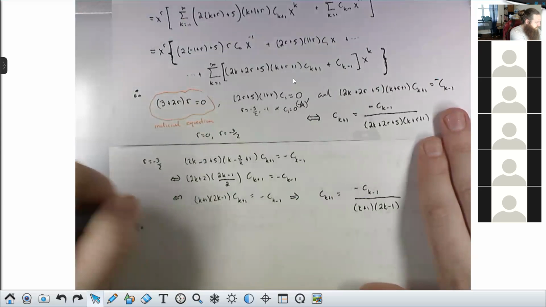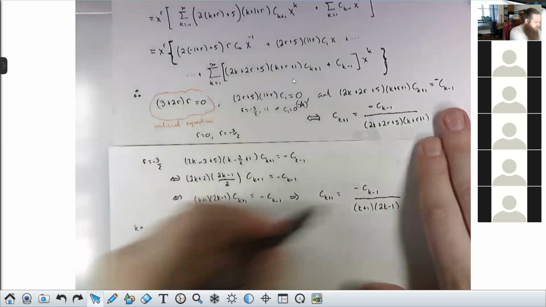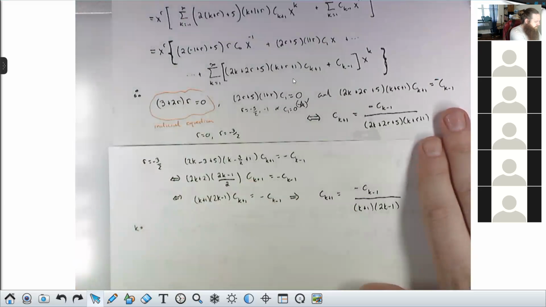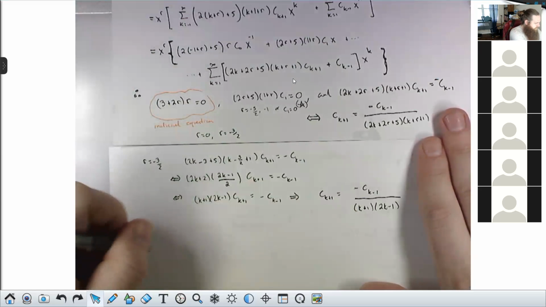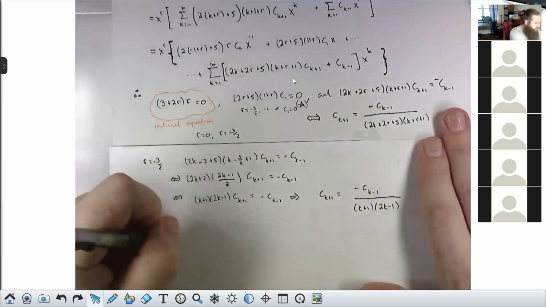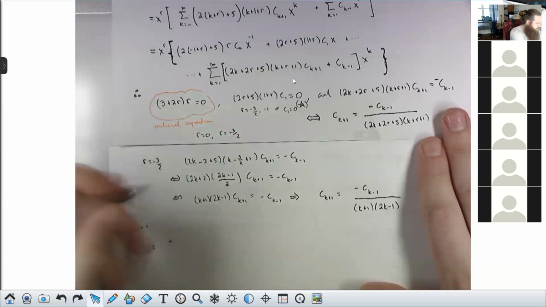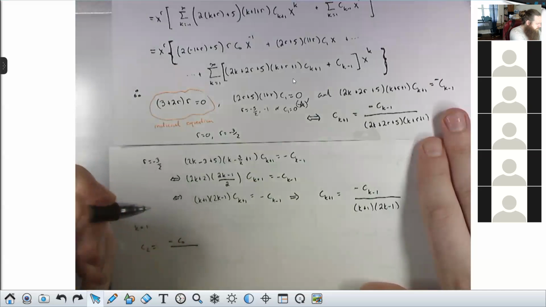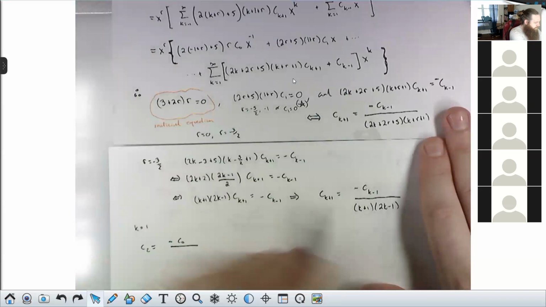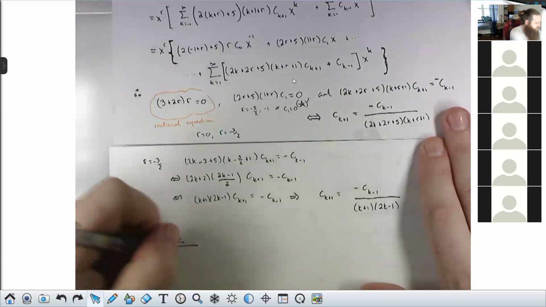When k is equal to 0, again, we have this weird business here, but we know that C1 is supposed to be 0. So let me start with k equals 1. And then we'll get C2 is equal to the negative of C0 divided by, k is equal to 1 here, so this is going to be 2 times 1.